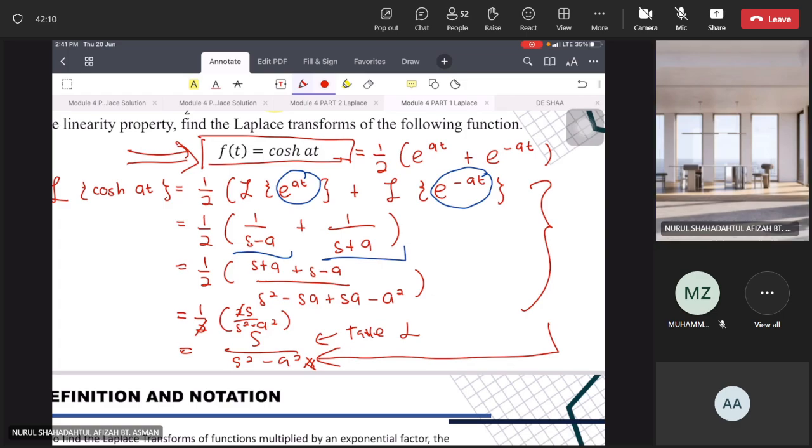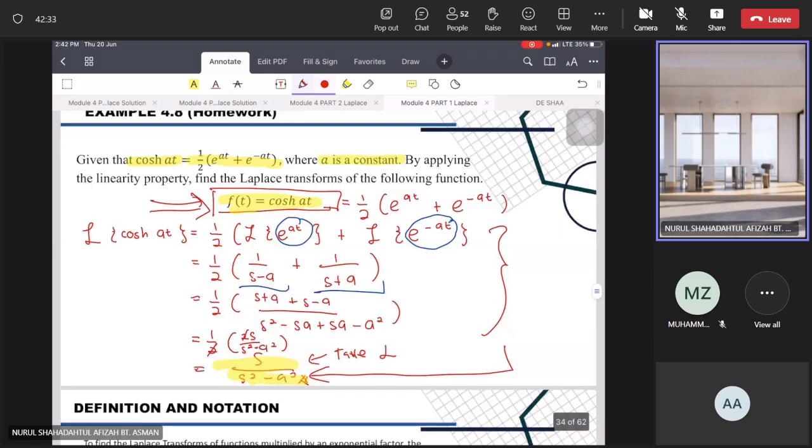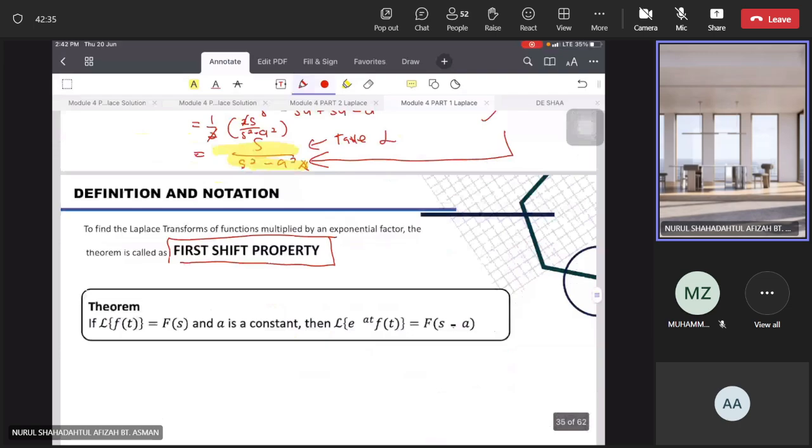Next, we'll continue with the first shift property. So to find the Laplace transform of a function multiplied by an exponential factor, the theorem is called the first shift property. So previously, the linear property. So next is the first shift property.